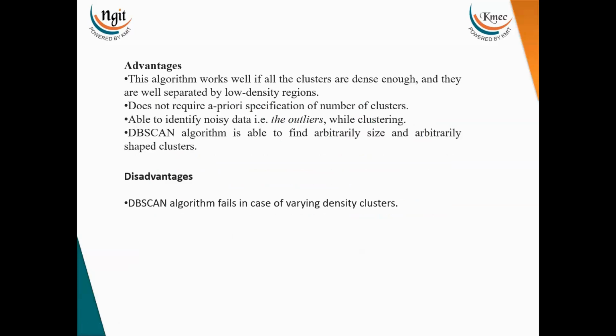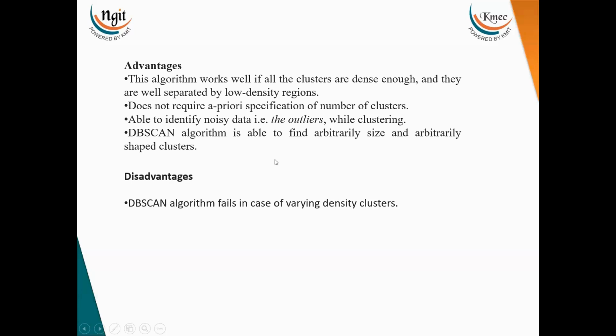Now, let's see the advantages and disadvantages of DBSCAN. Coming to the advantages, this algorithm works well for clusters which have dense points and are separated by low density regions.